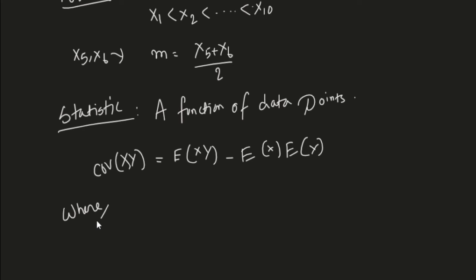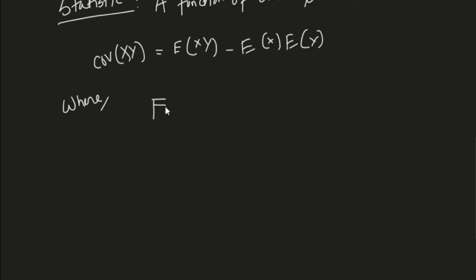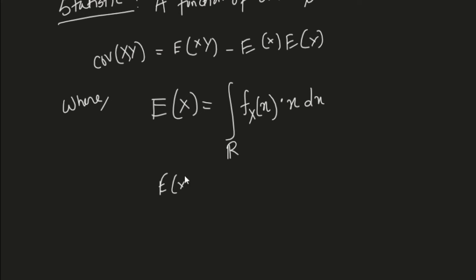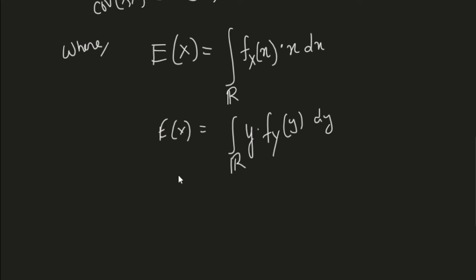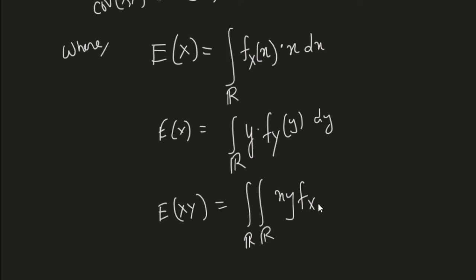Where e of y is defined as the integral over all of R of y into f of y dy, and e of xy, on the other hand, is basically a double integral, where f_xy(x, y) is the joint distribution of x and y.